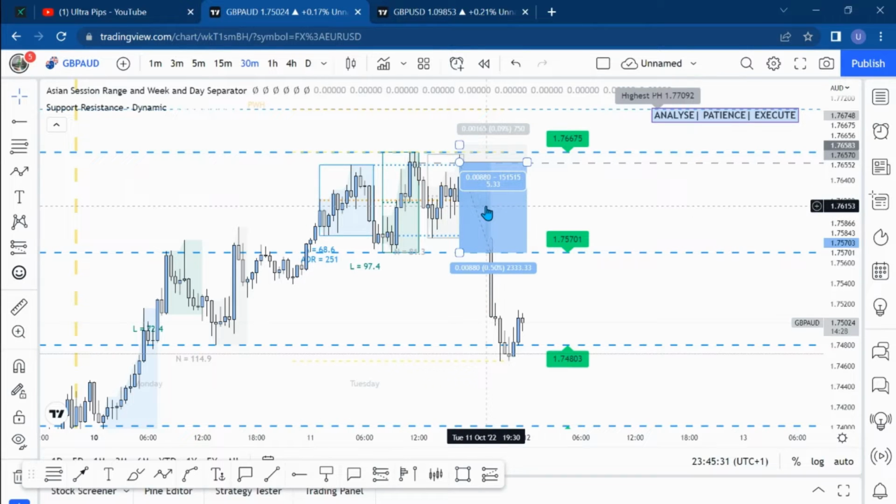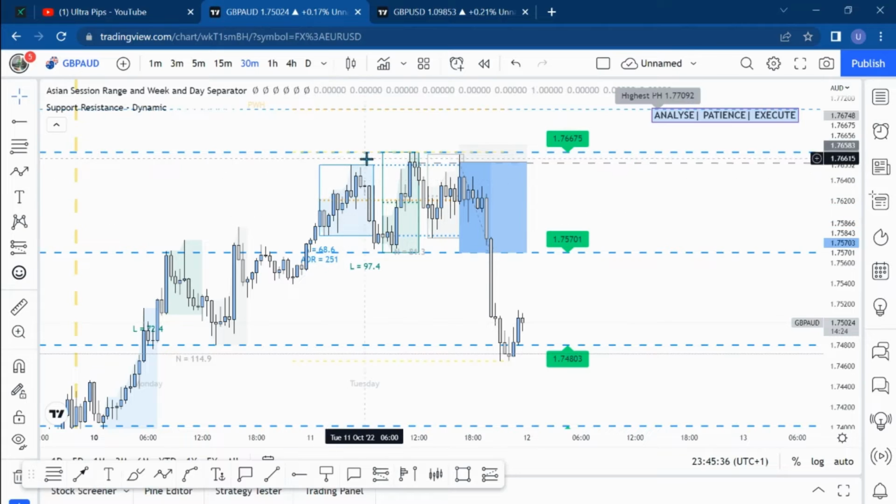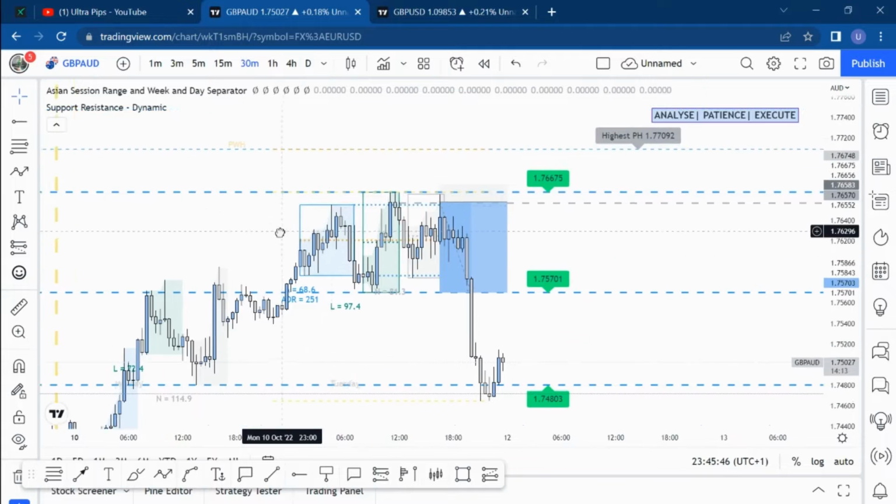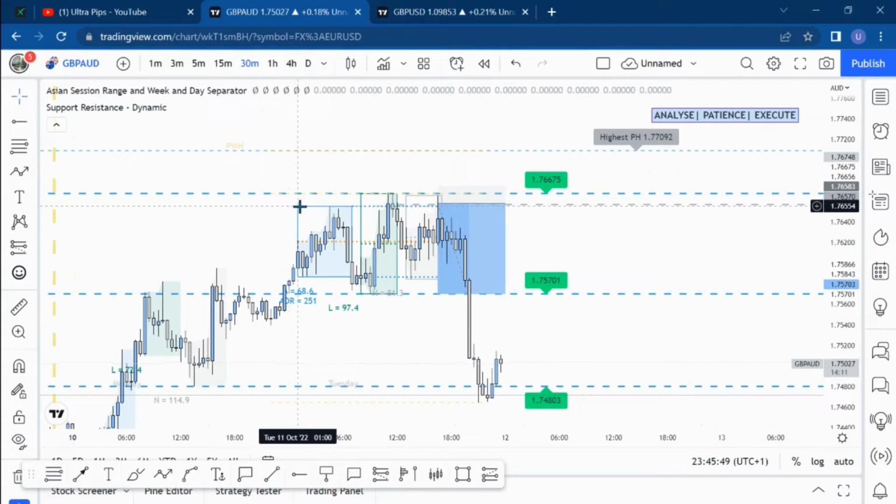Looking at GBPAUD, you need to understand what price is doing, how price is moving. Like I said, price was bullish, then went bearish, closed bearish during the Asian session. Then during the New York session, price was bullish, and as you can see, price took out this Asian session high, and after taking the high, sold, and did not break this level.